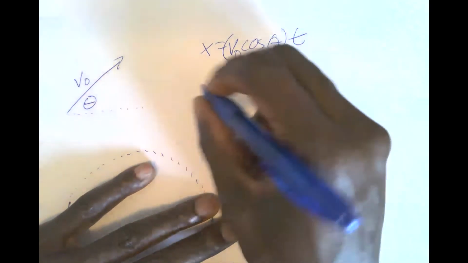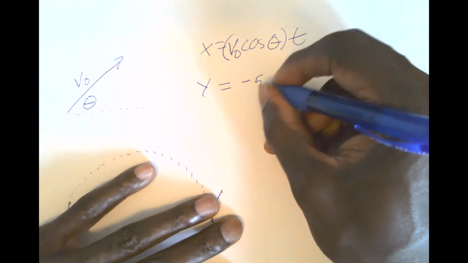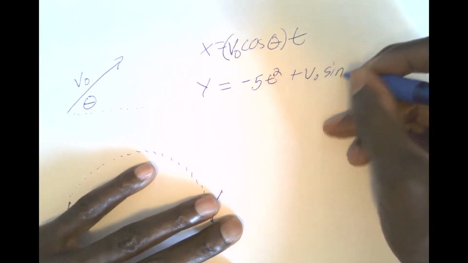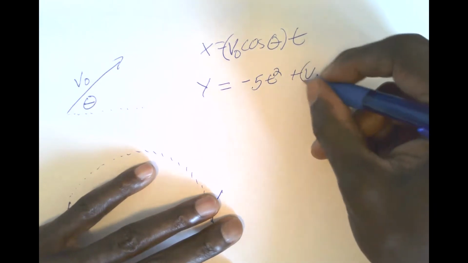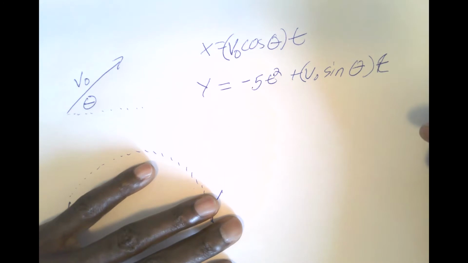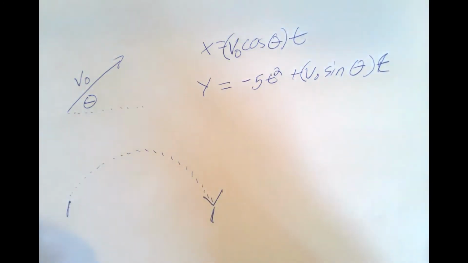And the vertical position, which I'll call y, is -5 t squared plus V naught sine theta times t, pardon my handwriting, plus the initial height. For the sake of this problem, I'm going to make the initial height 0. It just makes the math a little bit easier.